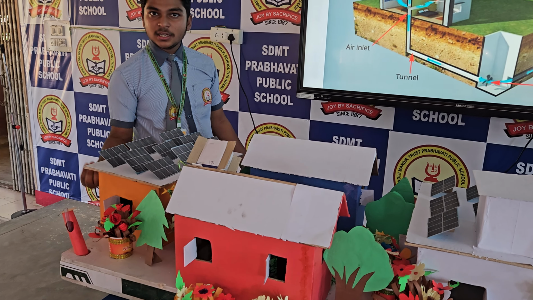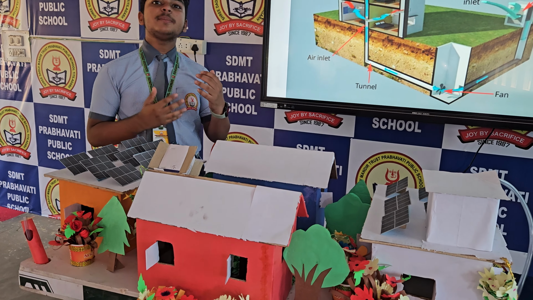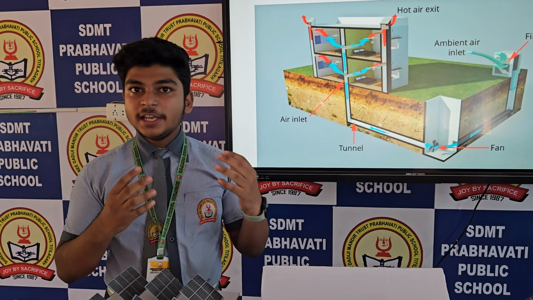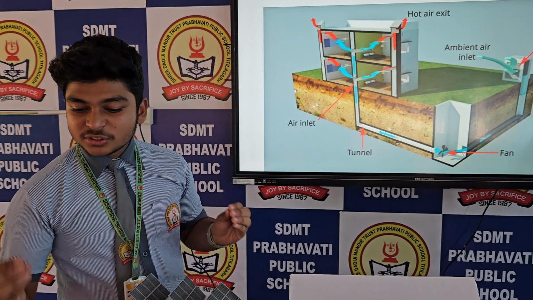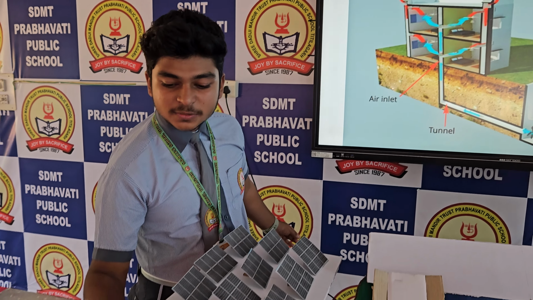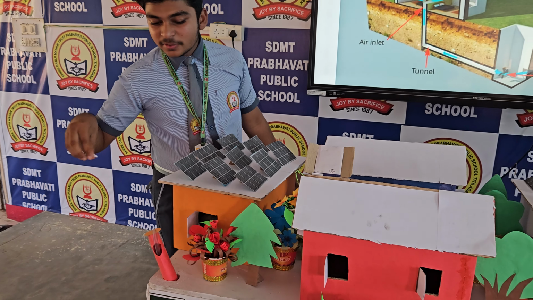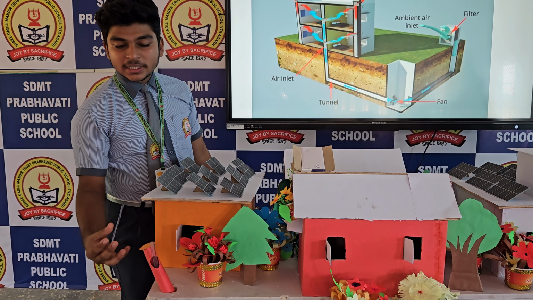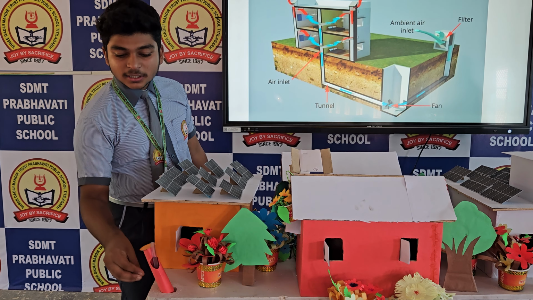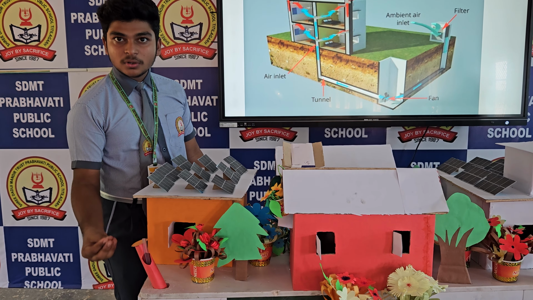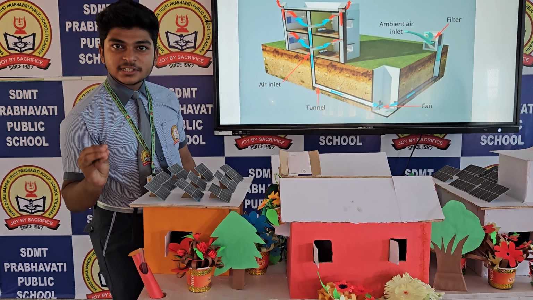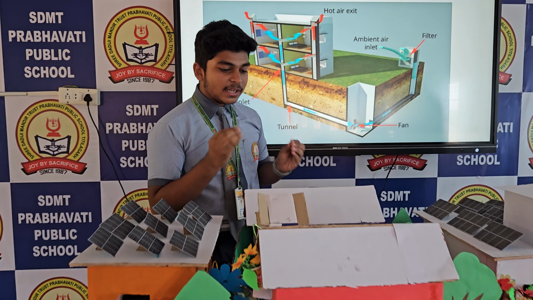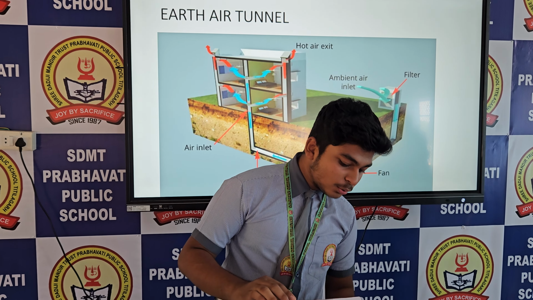It is buried under the ground up to 2 to 3 meters deep because it is the optimal level at which air cools. So as soon as the warm air enters through this pipe, it will go under the ground. As we know, the earth's temperature under the ground is constant, so it will decrease the temperature of the air by 5 to 10 degrees, and then the air will escape out through small holes.